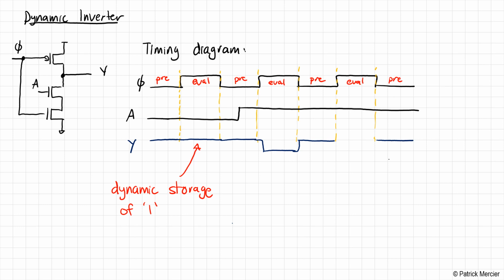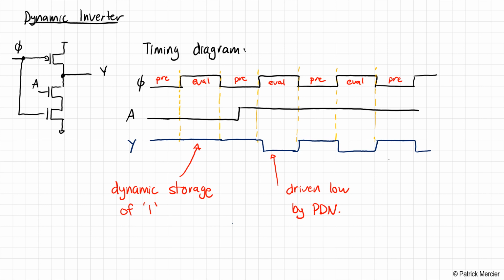Okay, now A is still high in the next evaluate phase, so it's going to go down, back up, down, assuming that we go into another evaluate phase over here, and so on and so forth. Okay, so again, let's just be extra clear here. This is driven low by the pull-down network.